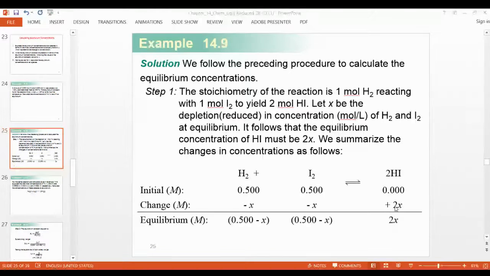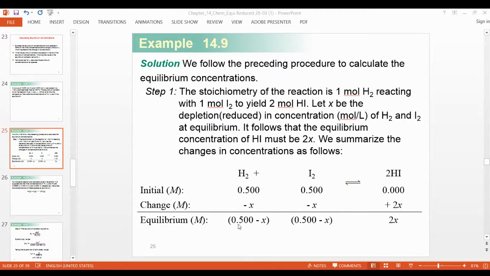So you always write 2X. If I had 2H2, I would have to write minus 2X. Whatever coefficient you have, you write it. So that becomes plus 2X.